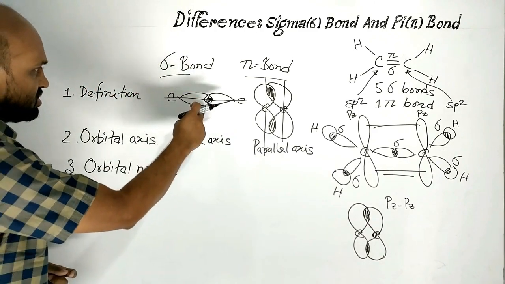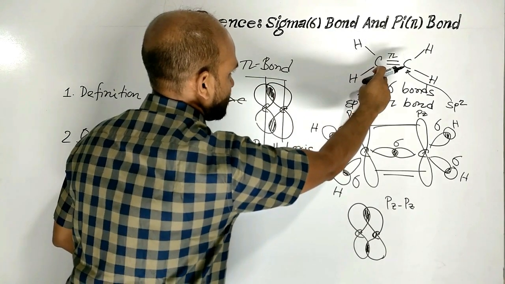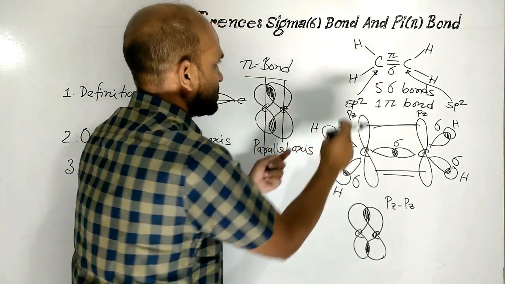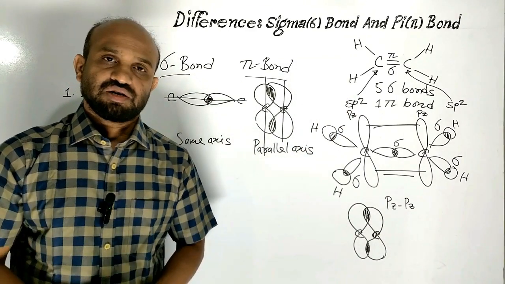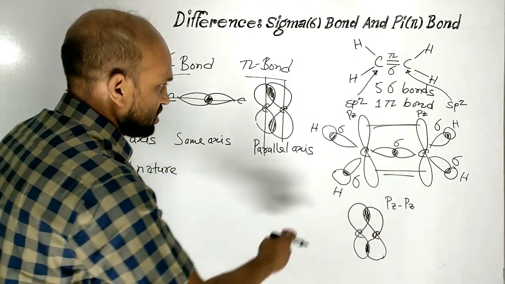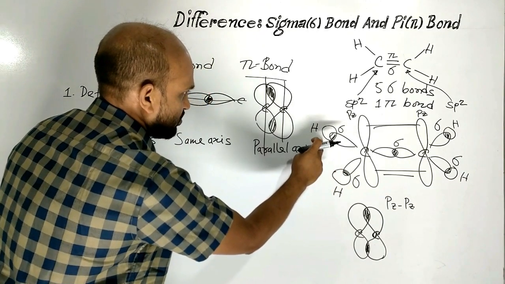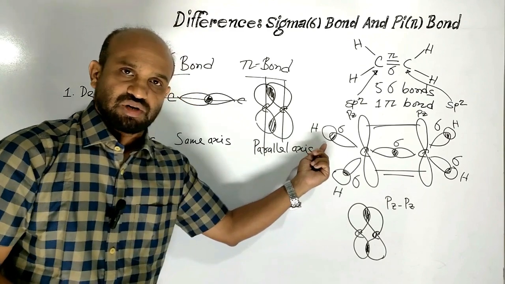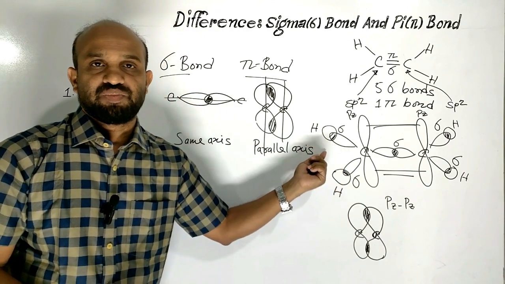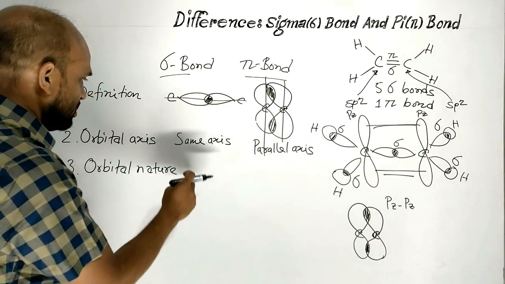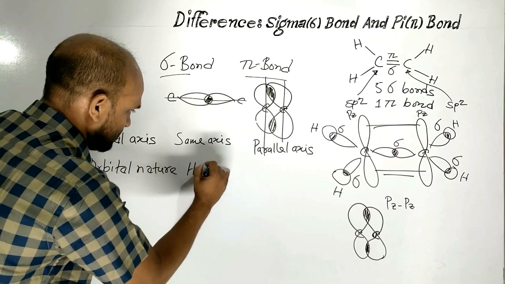That is, the carbon-carbon single bond is formed by hybrid orbitals, and the carbon-hydrogen single bond is formed by hybrid and pure orbitals. Here the hybrid orbital is sp2 and the s orbital is a pure orbital. So orbital nature: hybrid and pure orbital.